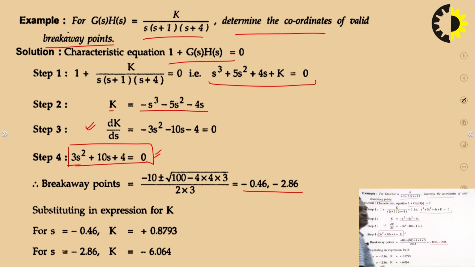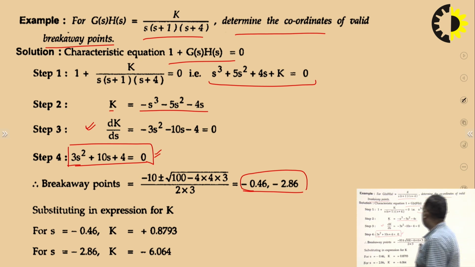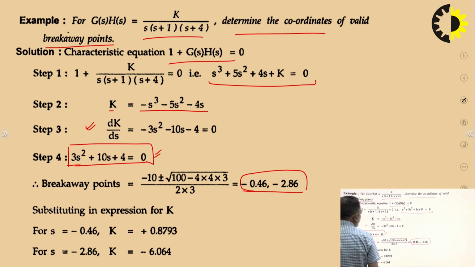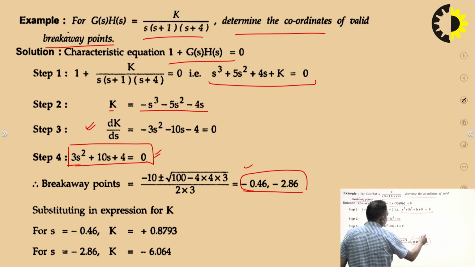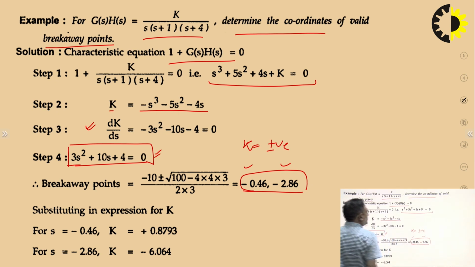Now as we are not drawing the root locus, we have to check whether both of these breakaway points are valid breakaway points or only one. So what do we have to do for solving this? We will take the breakaway point, that value of s at which the gain k will be positive. So k should be positive for any of these s values.